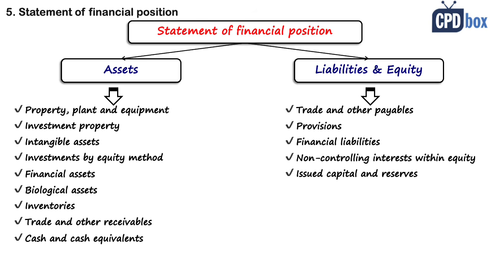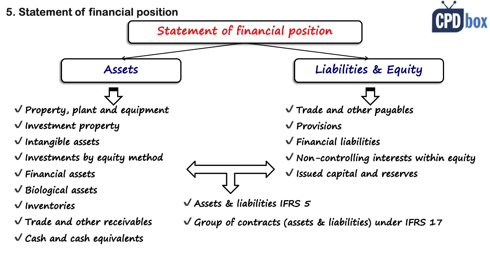Some items might have asset or liability character, so could be presented in both categories, such as totals of assets held for sale and totals of assets and liabilities separately in disposal groups according to IFRS 5. Groups of contracts under IFRS 17, those are insurance contracts. Those can be either a liability or an asset.